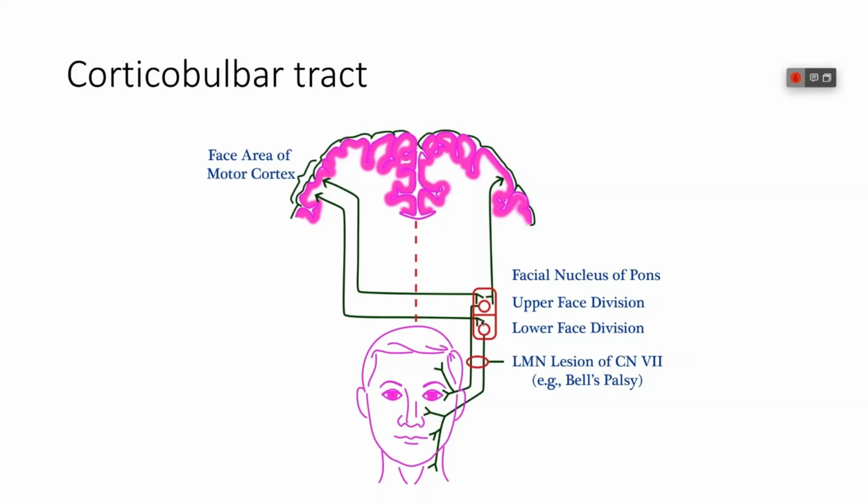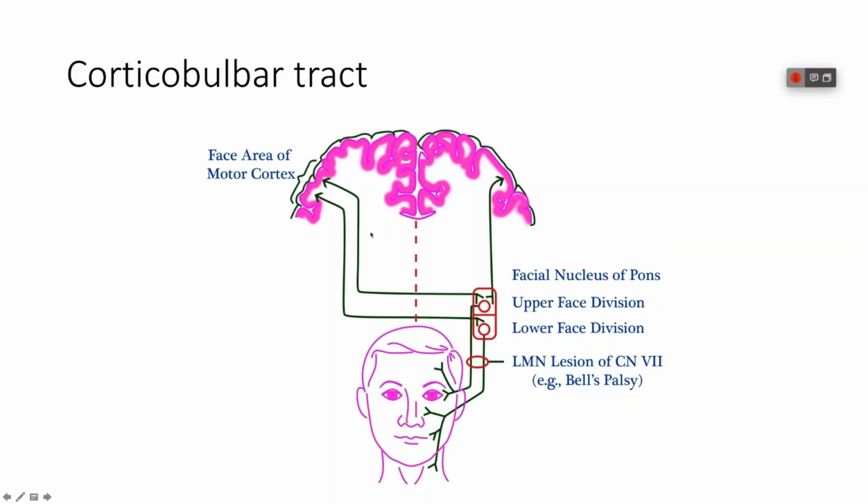So Cher asks, by dual innervation of the forehead, does that mean it's coming from the right and left upper motor neuron? Yeah, exactly. If we think of the facial nucleus as the lower motor neuron, then the upper motor neuron on the right side and the upper motor neuron on the left side are both feeding into the lower motor neuron for the upper part of the face.